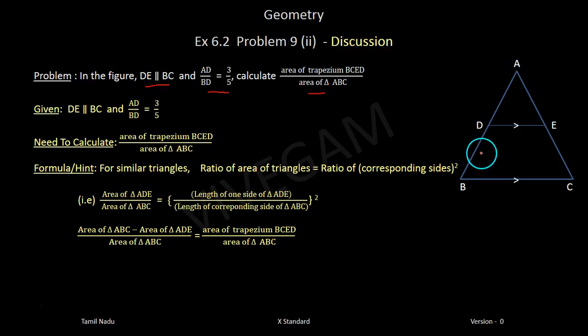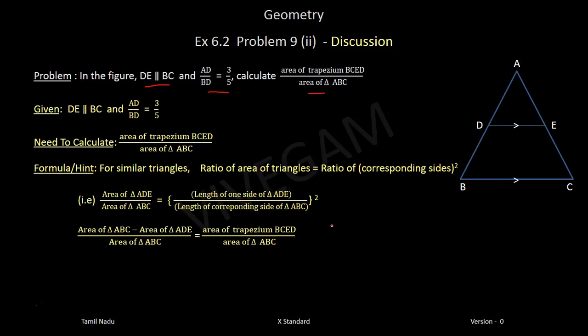What is that? That is nothing but this trapezium, right? So the left hand side is nothing but the numerator of this equation, the area of the trapezium divided by the area of the triangle ABC. This is the compound dividend rule. So when you do this to the left hand side, we get this, right? You'll have to do the same for the right hand side and you'll be able to get the value.